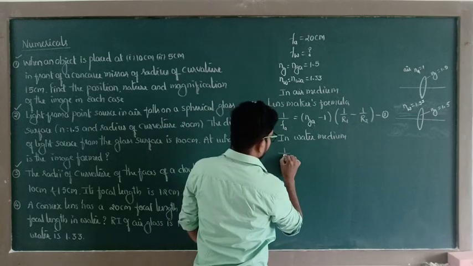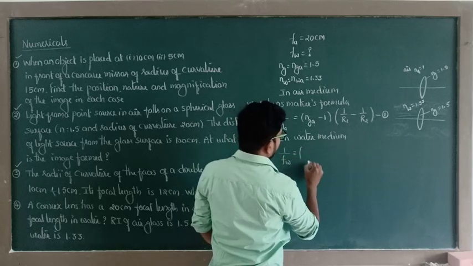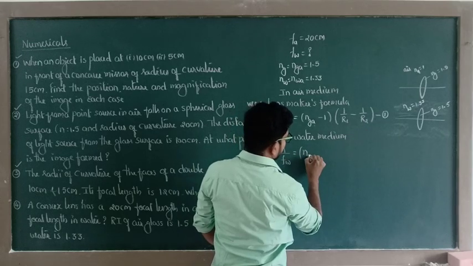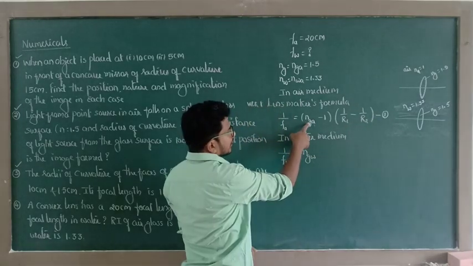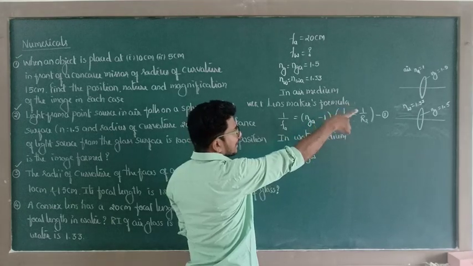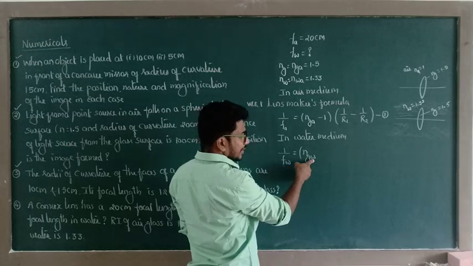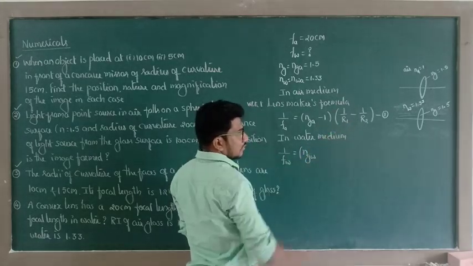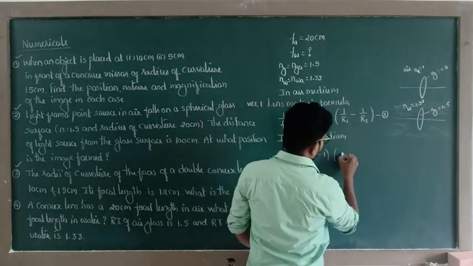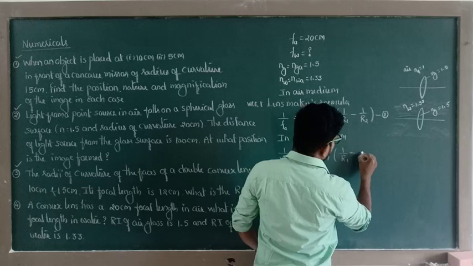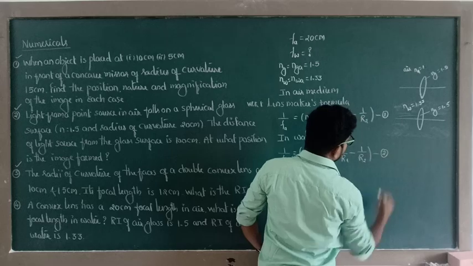Then 1 by focal length of lens in water is equal to refractive index of glass with respect to water, not with respect to air. So here refractive index of glass with respect to air, because that lens is in air medium. Here refractive index of glass with respect to water, because that lens is immersed in water, minus 1 into 1 by R1 minus 1 divided by R2, equation number 2.